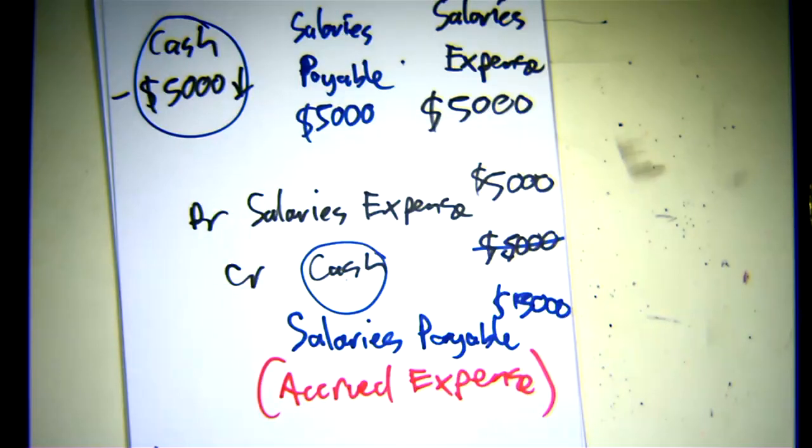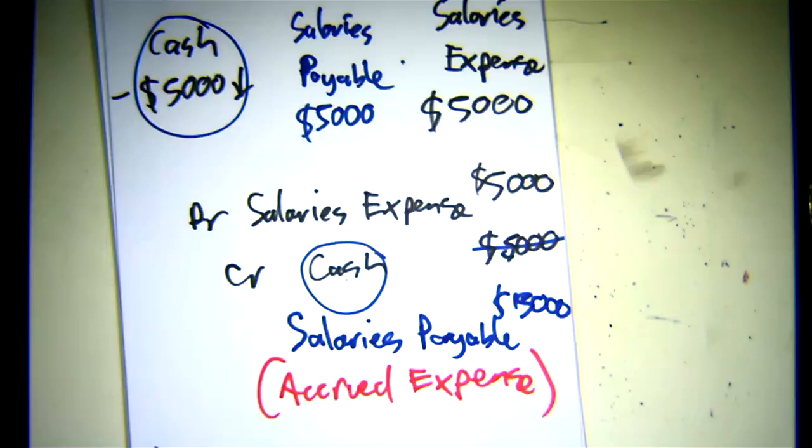Say the end of our financial period will be 30th of June, but 30th of June this year might fall on a Sunday, and Sunday's not a payday. So on the 30th of June, we won't pay our cash and reduce our salaries payable to zero. We'll do this journal entry, and that will update our accounts.